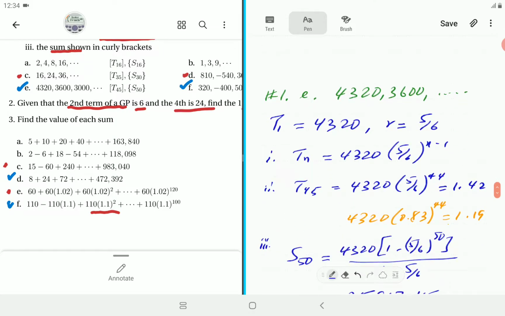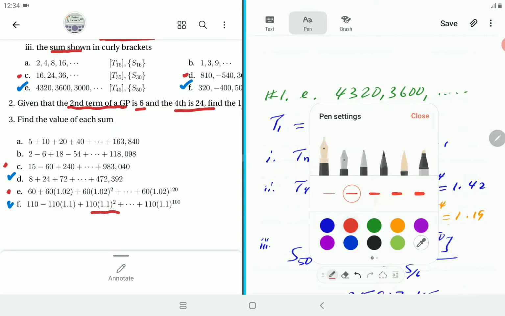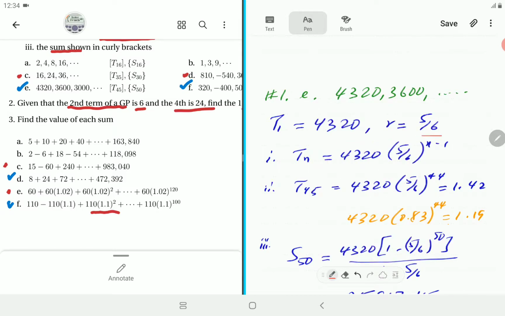the first term T1 is 4320. The ratio works out to 5/6, and so the formula for the nth term is going to be that one there. So we are keeping this in fraction form.